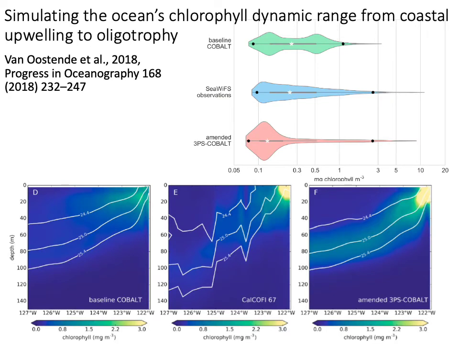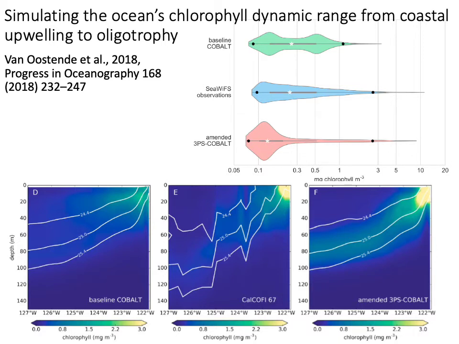As another example, we have a comparison of the baseline COBALT, in this case a regional ROMS configuration, which had a low bias that was not representing the extreme.